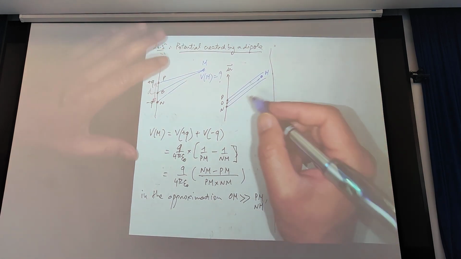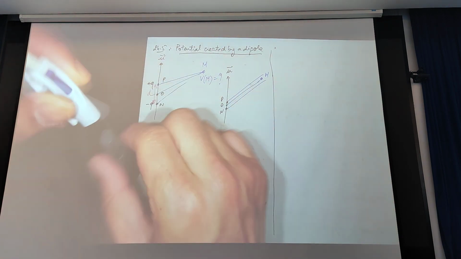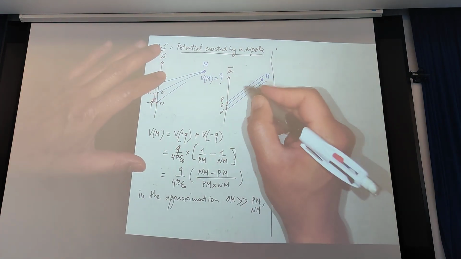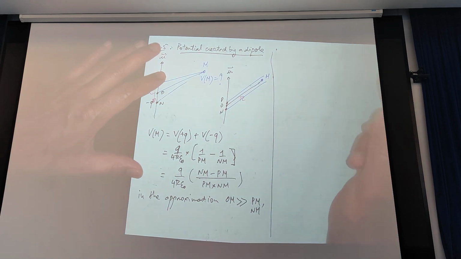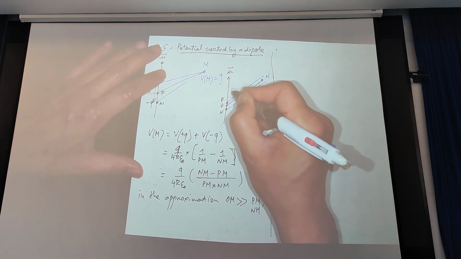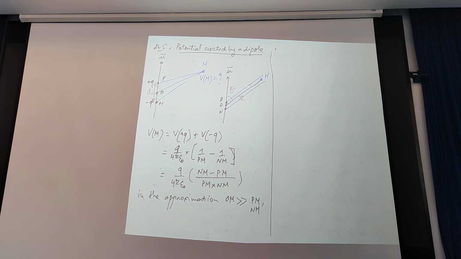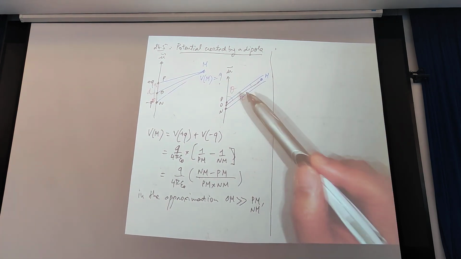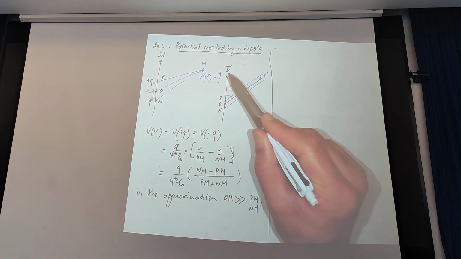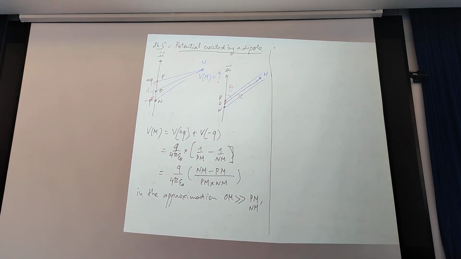You see that? Now I can introduce the distance R. R is the distance between O and M, and theta is the angle between the unit vector u, from the negative charge to the positive charge, and OM.